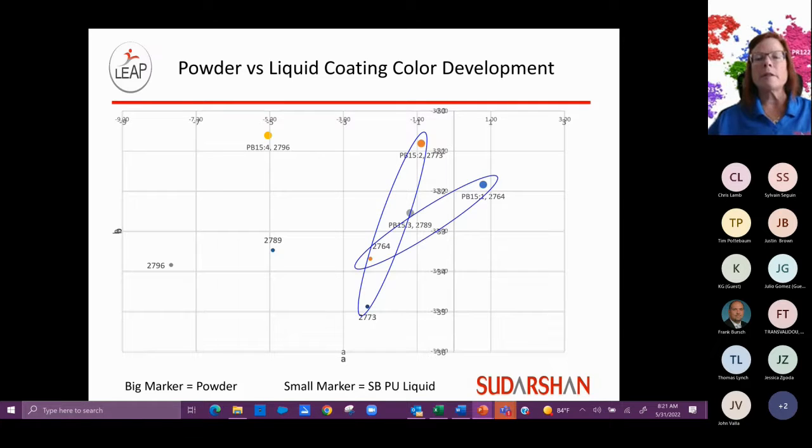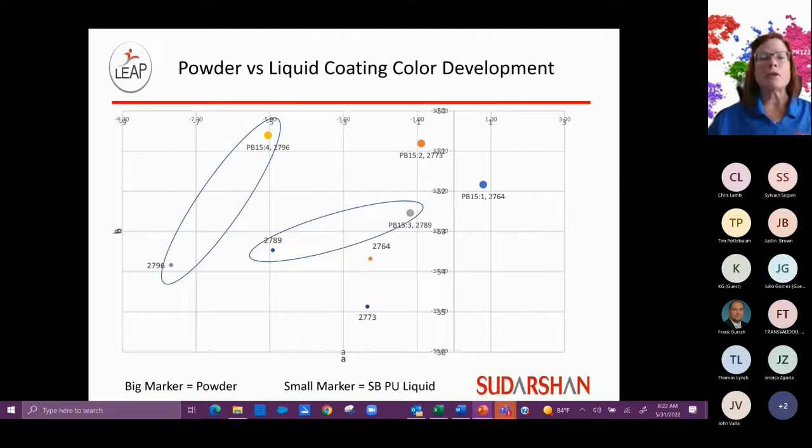So for the alphas, the liquid coating formulation develops more blueness, which is to be expected, a more intense dispersion process than the powder coating formulation. And the same is true with respect to the betas as well.